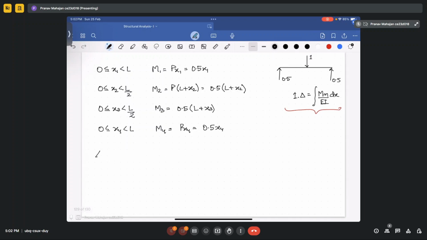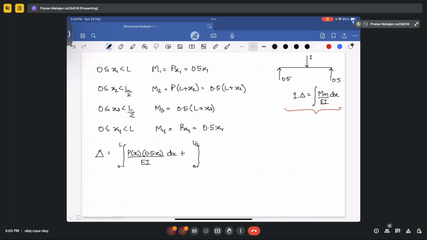So your delta will become the integration of 0 to L from the endpoint. It is phi, the capital moment without unit load. With unit load, it becomes 0.5 into h upon EI into dx. Plus the second area, which is 0 to L by 2.